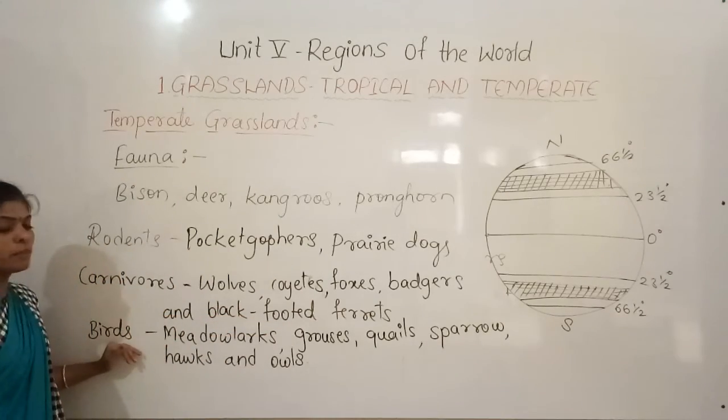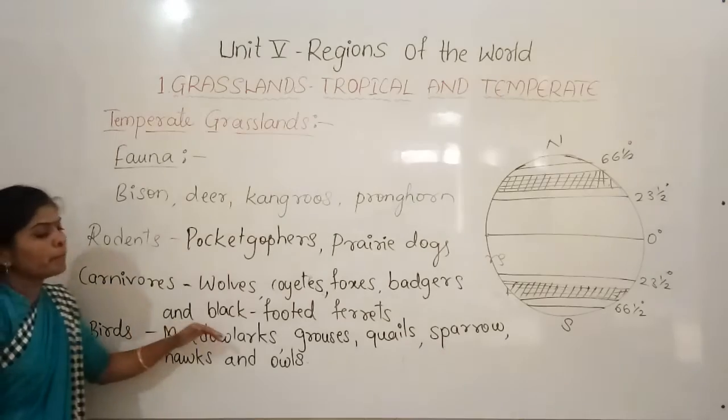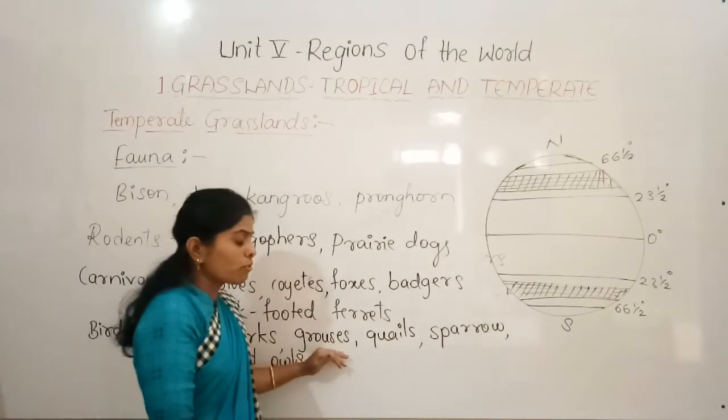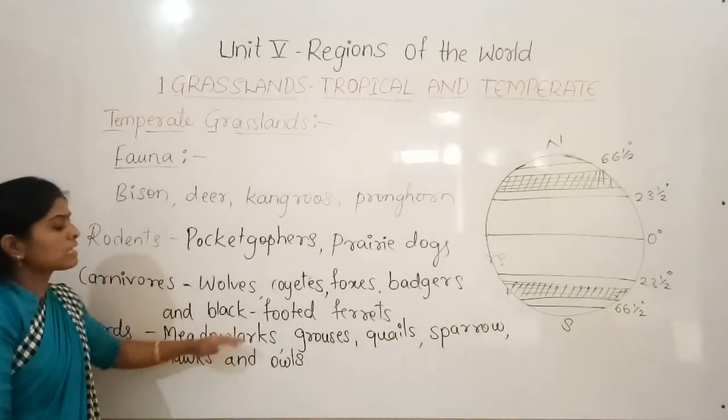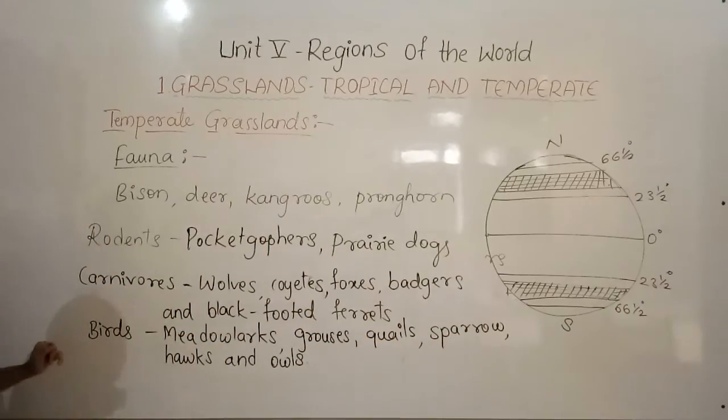And the birds are meadowlarks, grouses, quails, sparrows, hawks and owls. So this is the fauna of the temperate grasslands.